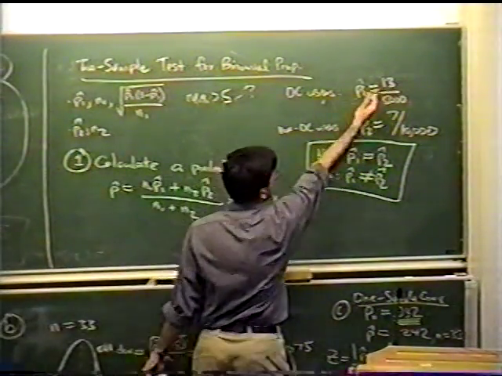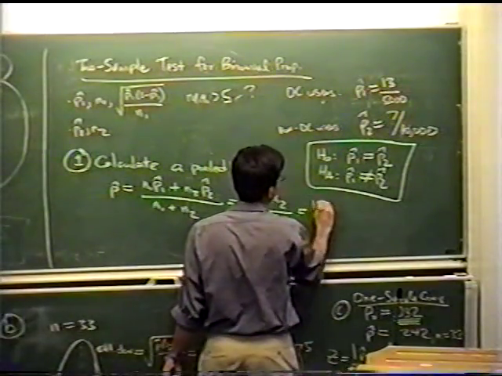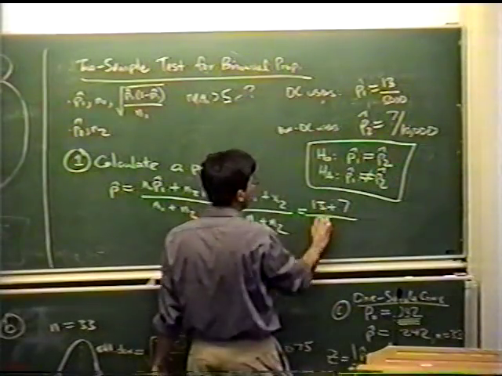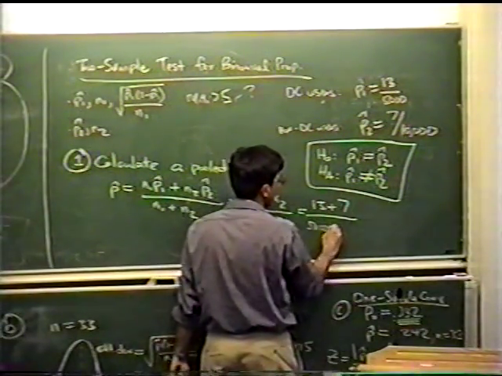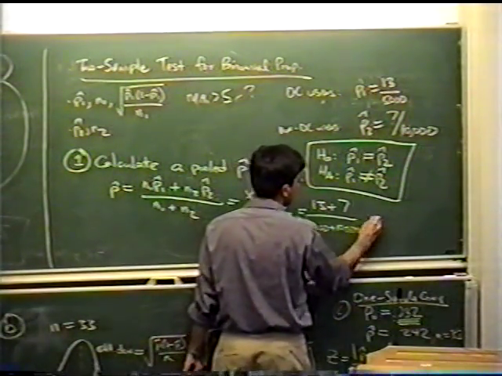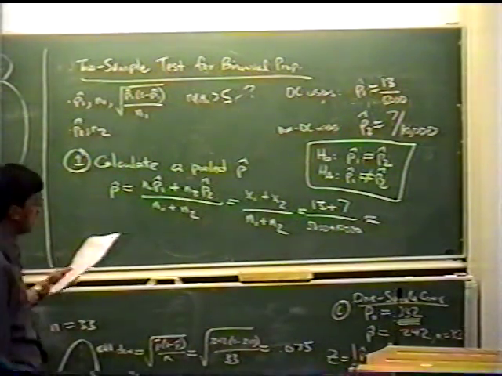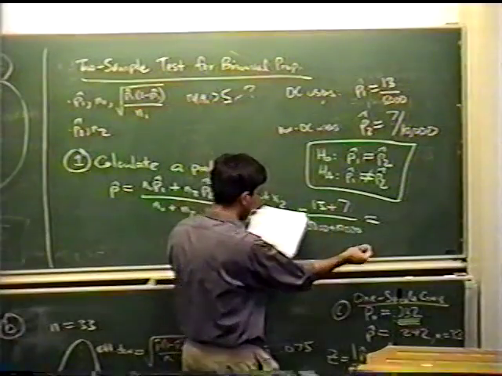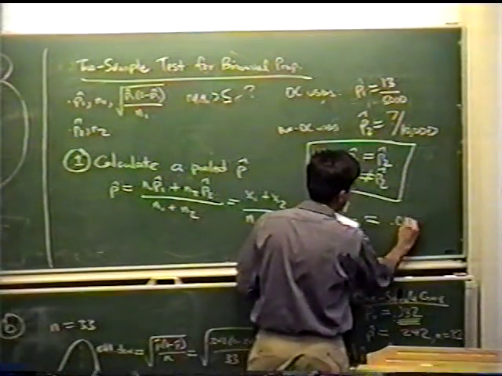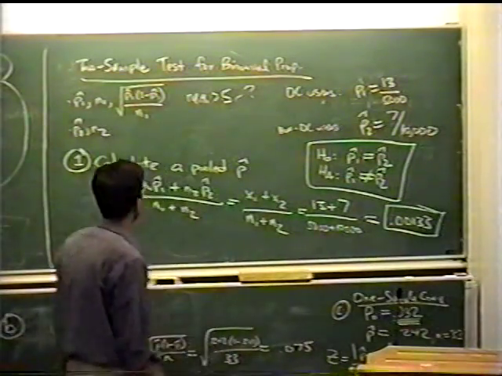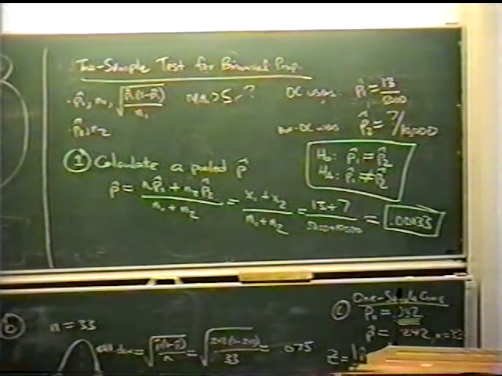And here, x1 is just 13. x2 is just 7, divided by the total, which is 5,000 plus 10,000. And when you do that, you get 20 over 15,000, which is 0.00133. So that's our pooled probability.